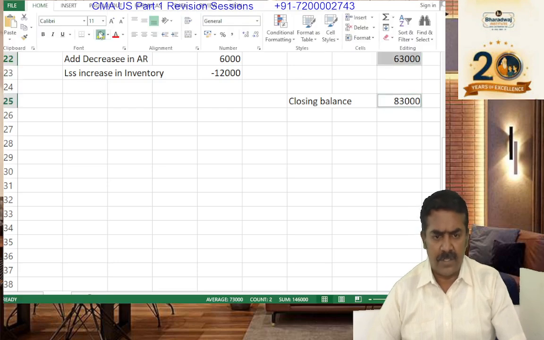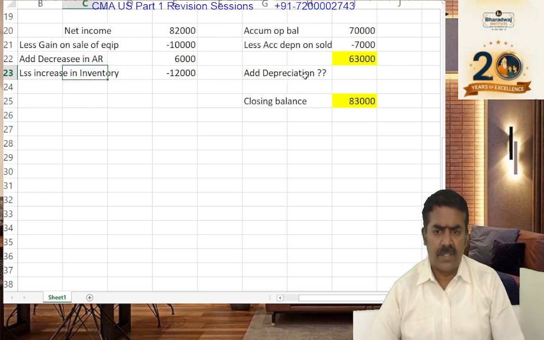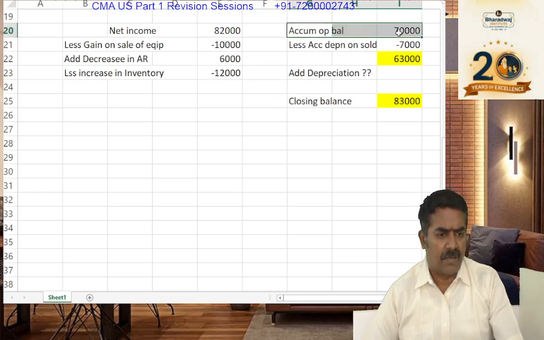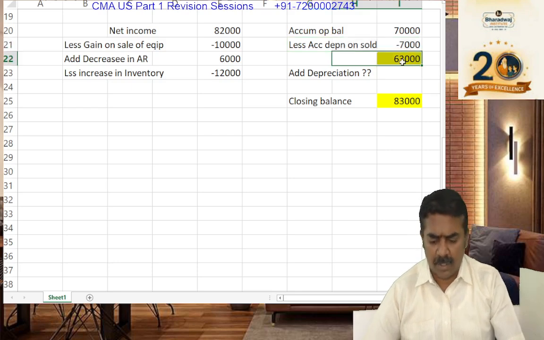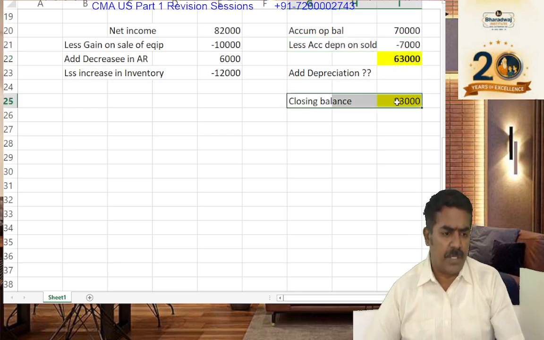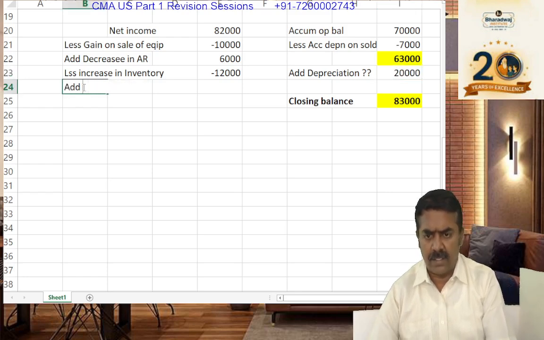Difference is depreciation. You would have charged depreciation. Opening balance was 70. We sold an asset having accumulated depreciation of 7. How much should have been the balance? 63. But closing balance is 83, means we charged current year depreciation of how much? 20,000. Let us add current year depreciation.